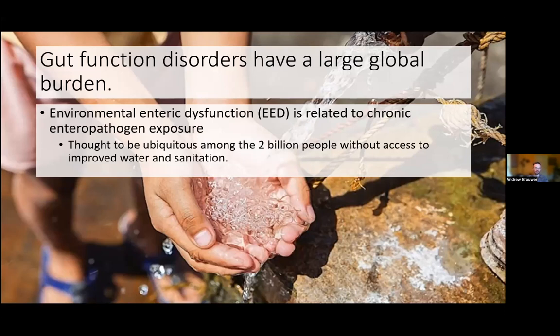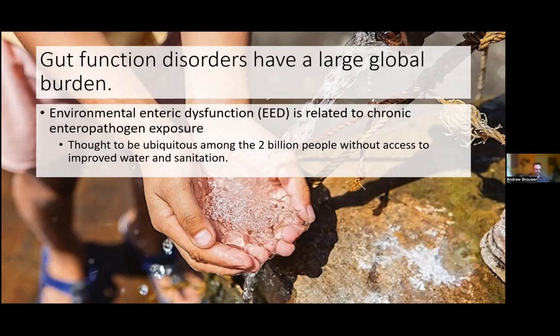This EED is related to what we call chronic enteropathogen exposure, meaning pathogens that cause diarrheal disease and being repeatedly infected by them. And this is caused by lack of access to improved water, hygiene, and sanitation. It's thought to be basically ubiquitous among about the 2 million people that don't have access.